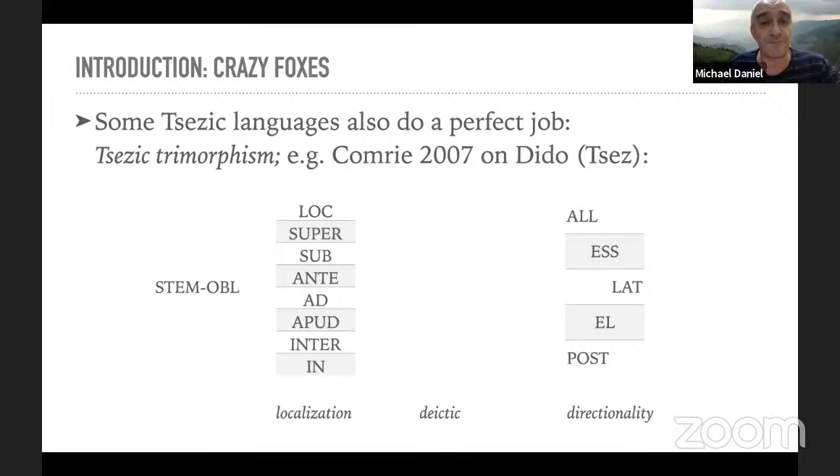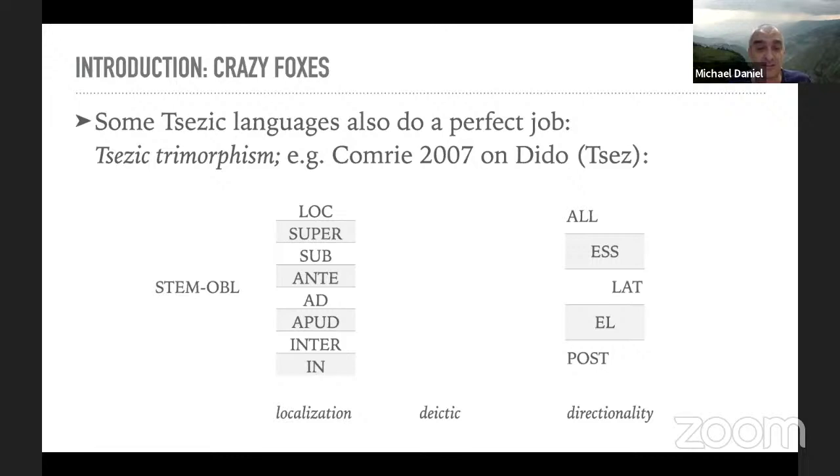So here is the example of the nominal paradigm from Comrie 2007 on Dido or Tsez, a Tsezic language. After the stem follows the localization slot, as expected, also a quite rich range of localizations.